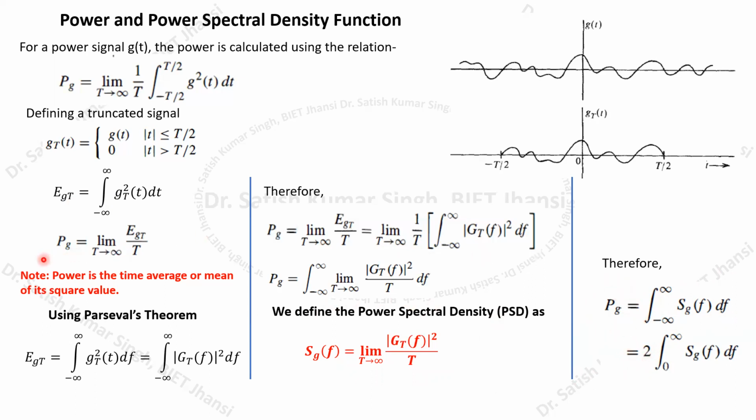We are calculating the total power of this signal x(t). So PG will be equal to twice the integral from 0 to infinity of SG(f) df. Remember that we have to substitute the particular frequency range over which this SG(f) exists. So this way we can calculate the power of any signal.